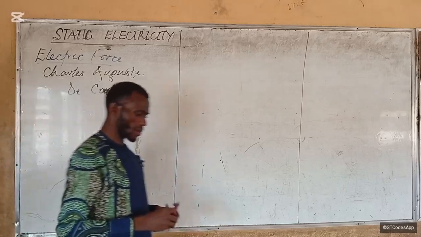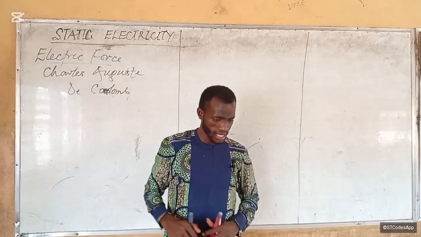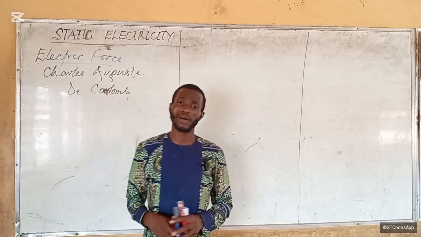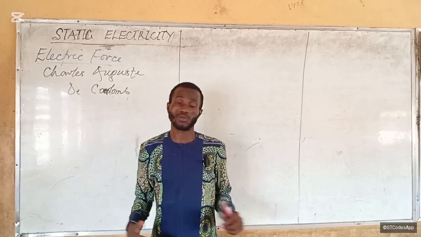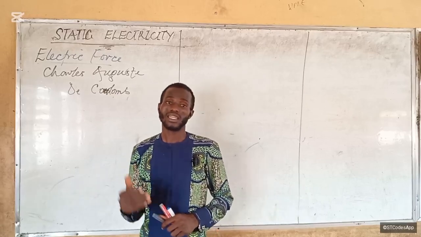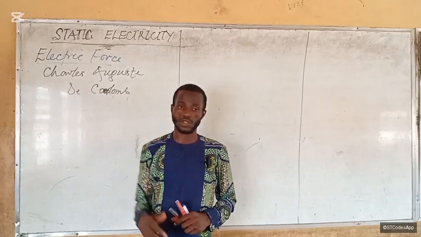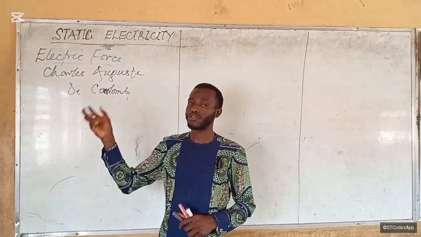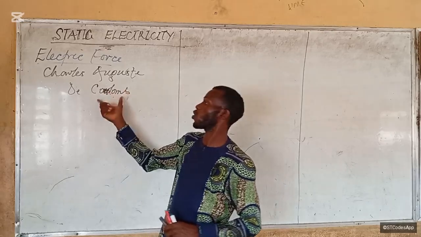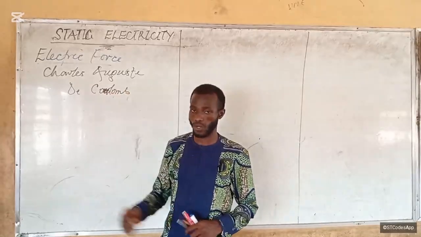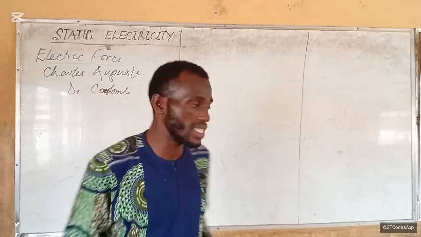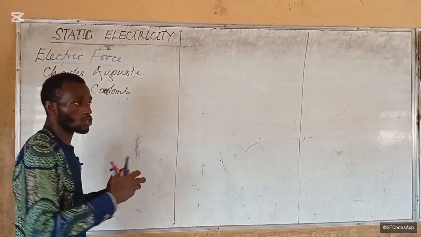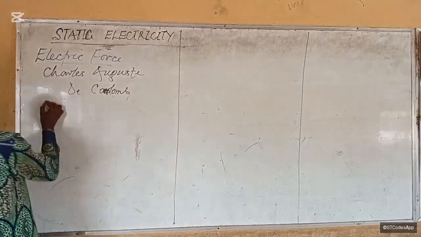That was in 1770 something or thereabout. Charles Auguste Coulomb, after much experiment, was able to come up with the proposition that we now call Coulomb's law of electrostatics, Coulomb's law of electric charges. And that force is the force of attraction or repulsion, the force F.